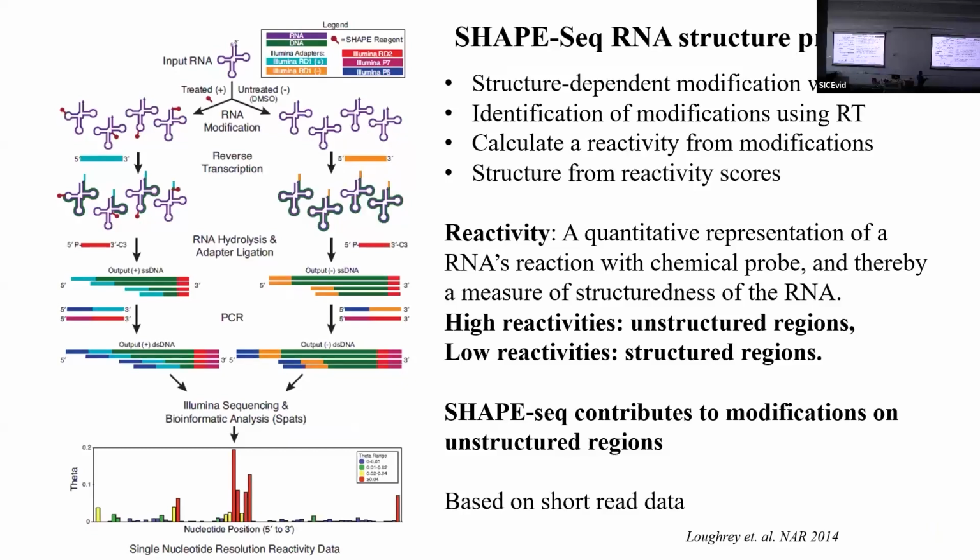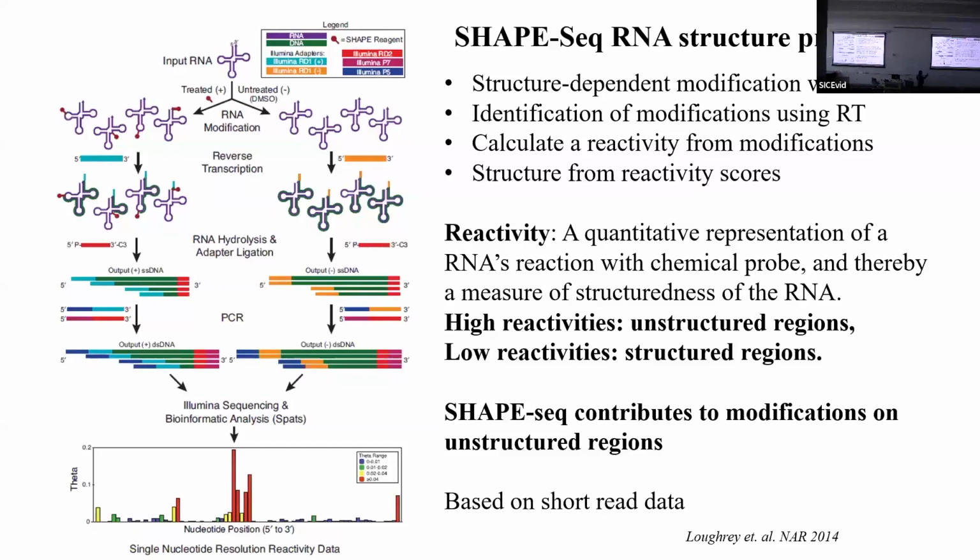The reagent, which I'm going to call 1M7, is shown in red, and on the other side you don't treat it. When you don't treat it and do a reverse transcription, you generate fragments shown in green. You're reading end to end, getting more molecules of each and sequencing them, so you should expect end-to-end molecules in the control.